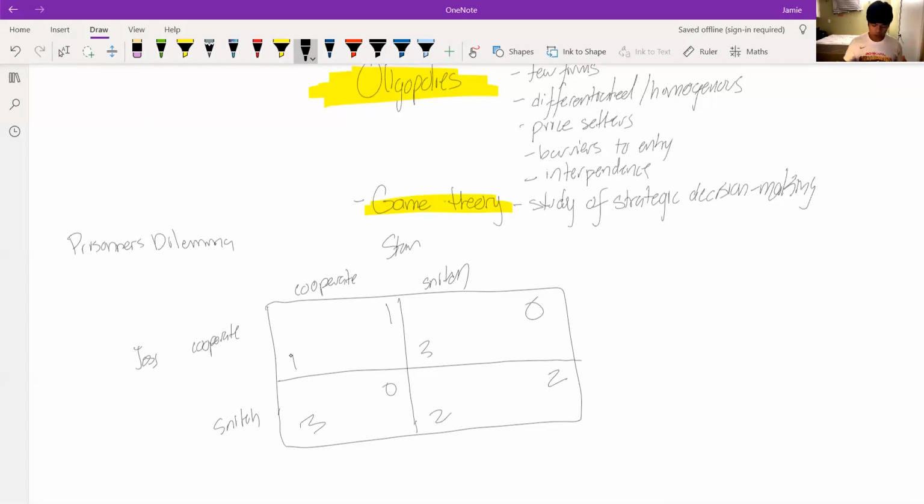So let's say Stan decides to cooperate with the police, not cooperate. Let me rewrite this actually. Snitch, don't snitch.